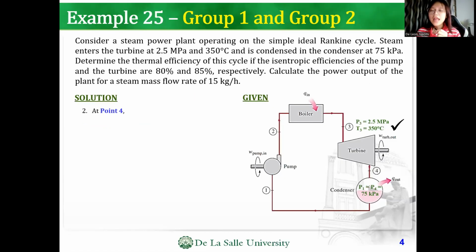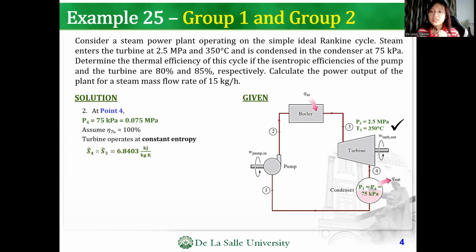Now at point 4, the given pressure is 75 kilopascal. Since there are no other given parameters, we can calculate the specific enthalpy at point 4 by obtaining the isentropic work and actual work done by the turbine. First, for the isentropic work, we assume that the efficiency of the turbine is 100%, which operates at constant entropy.